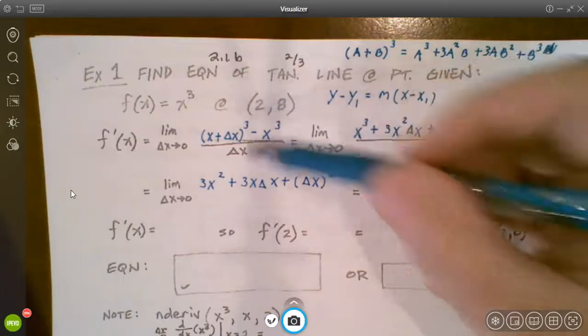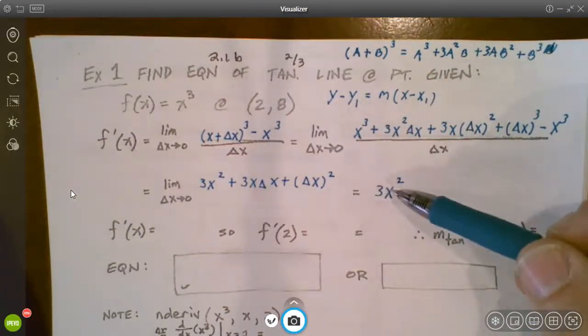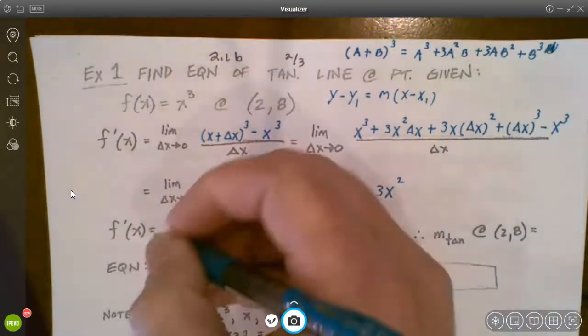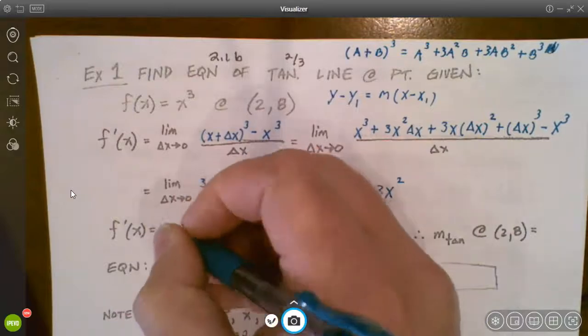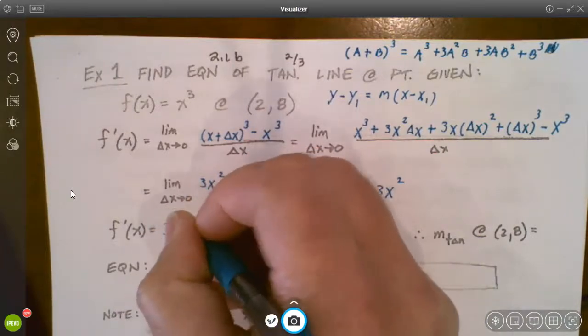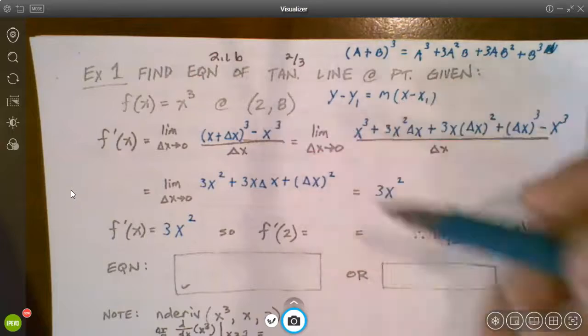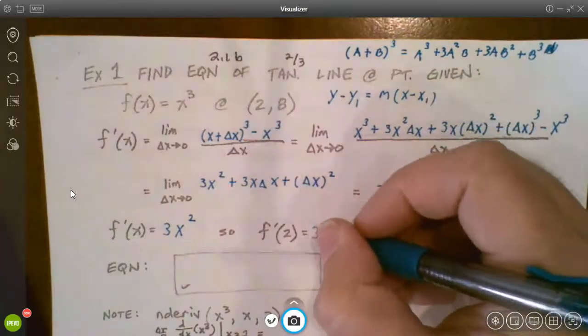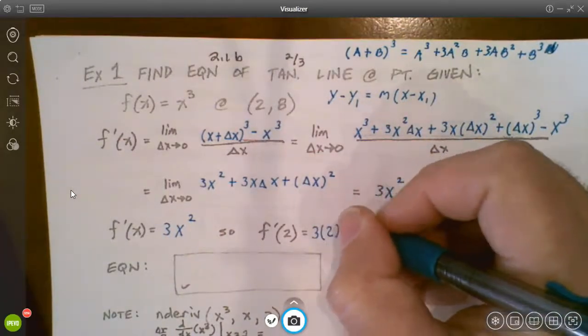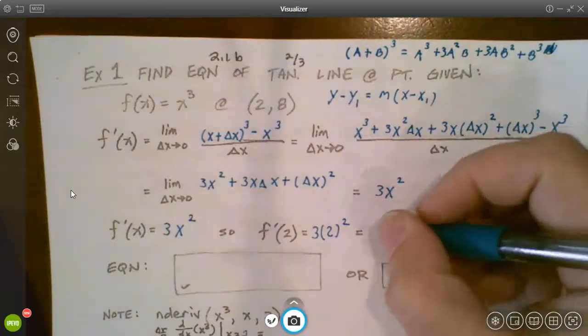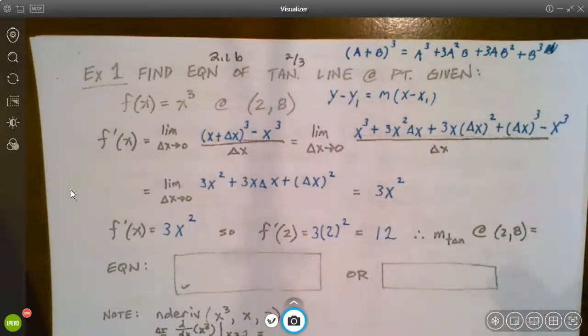So if I take that 2 and plug it in, our derivative is 3x squared. So f prime of 2 would look like this. And if we just do a little cleanup on that, we get a slope of 12.